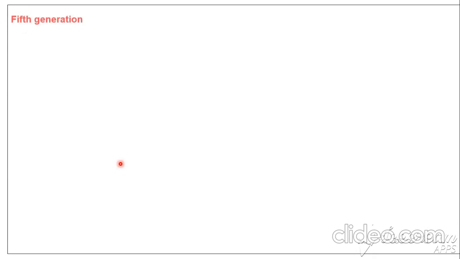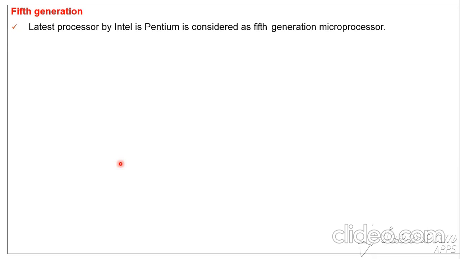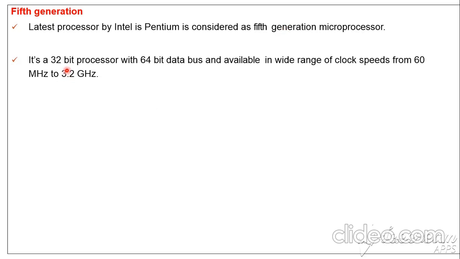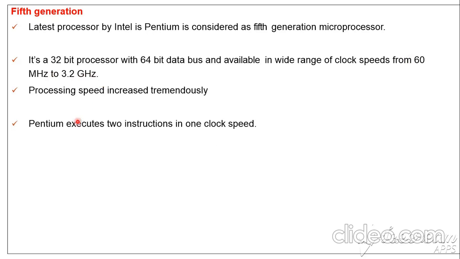Then came the fifth generation, and the Pentium by Intel is main among the fifth generation microprocessors. It consists of a 32-bit processor with a 64-bit data bus and is available in a wide range of clock speeds from 60 MHz to 3.2 GHz. Processing speed increased tremendously.